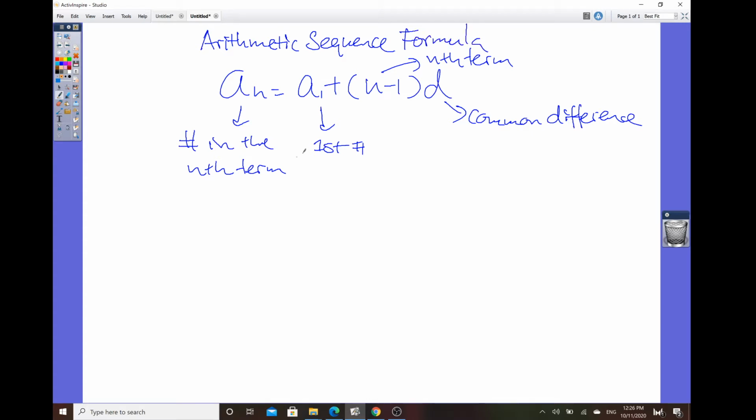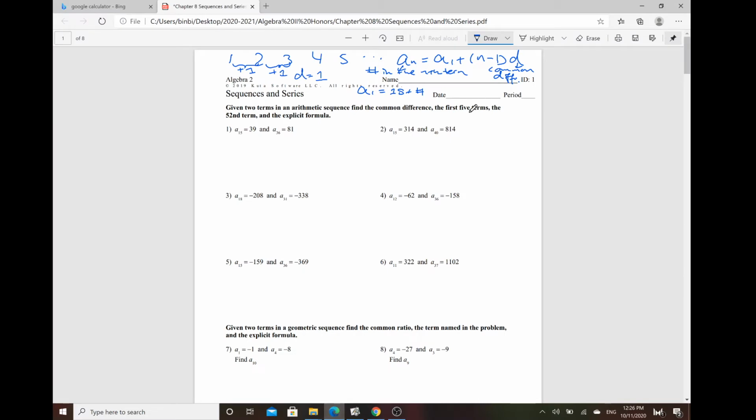Now let's use this one to find what's missing for the first problem. Going back to that slide, what we have here is a sub 15 is 314, and a sub 40 is 814.